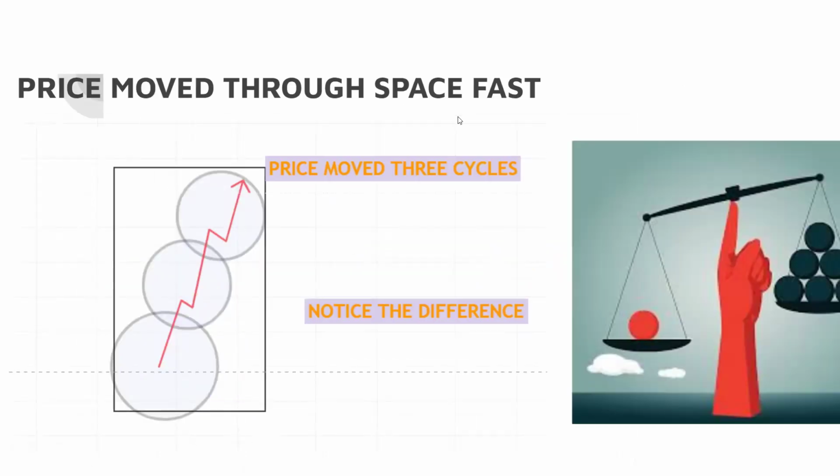Here in this graphic image, price moved through space fast. See, even though price moved in 3 cycles, that is a measured move, it did not match with the time. It is too fast. That is imbalance. When there is an imbalance, the price has to balance with the time.